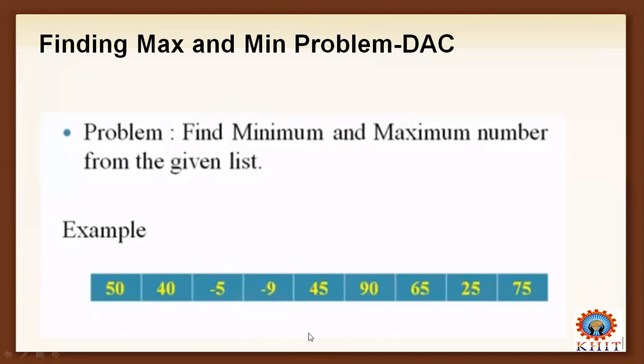Then we can apply the conquer and combine methods, and we can easily provide the solution to the given problem. This process is known as solving the given problem by using the divide and conquer strategy principle. Another way of solving the problem is to find the maximum and minimum element directly.